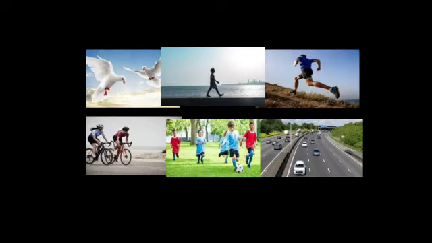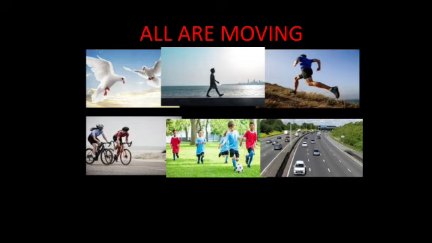Then the girls are cycling here. Next, the children are playing. Then the last picture here, the vehicles are moving on the road. So what you can see from all these pictures is that they all are in motion or they all are moving. We can say that these are the examples of motion. Clear?